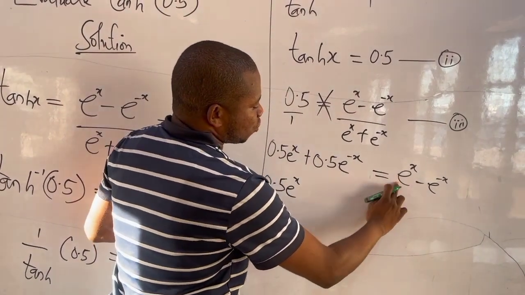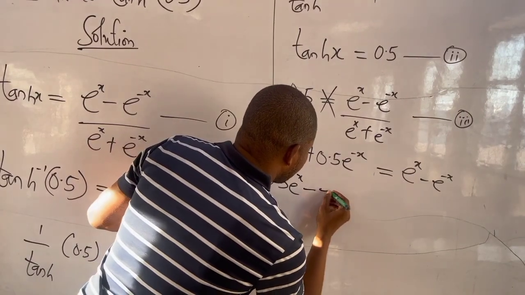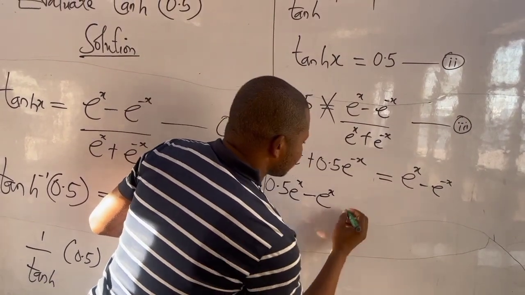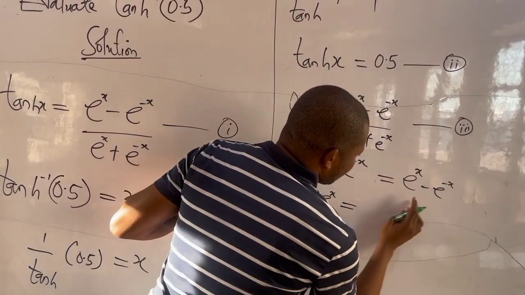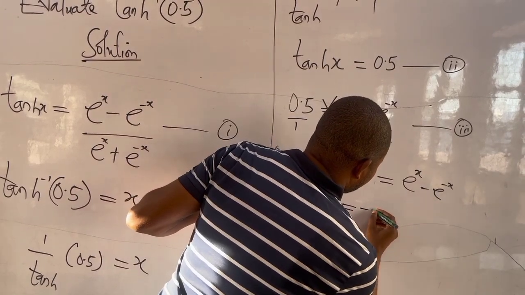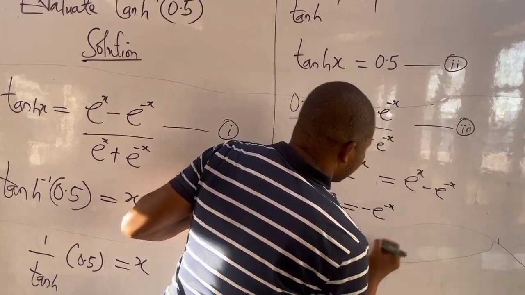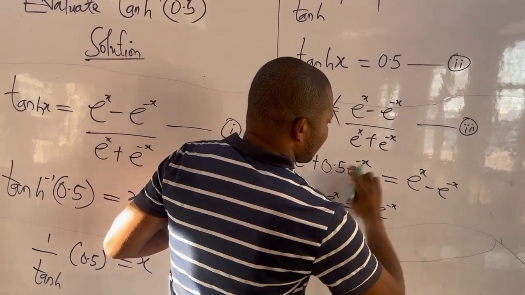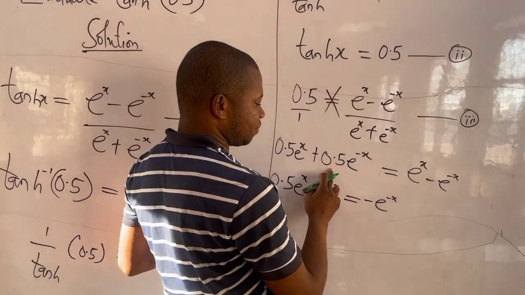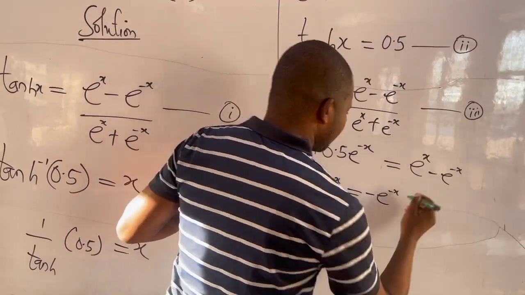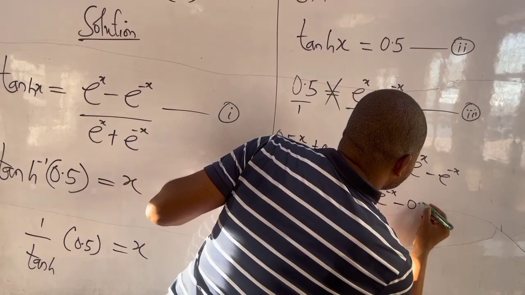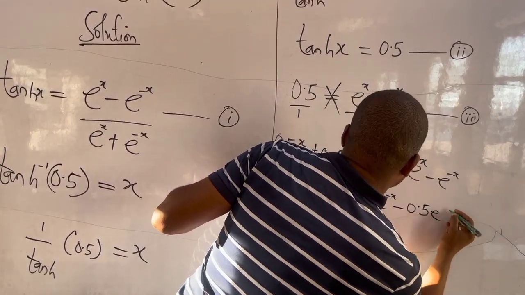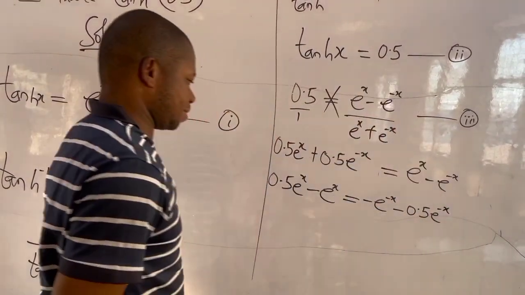This one is positive, so coming here now becomes negative, that is minus e^x. So it's equal to, what am I left with here? Minus e^(-x). This one will come over here to meet with this. Mind you, it is positive here, so crossing to this side it becomes negative. That is minus 0.5 e^(-x).